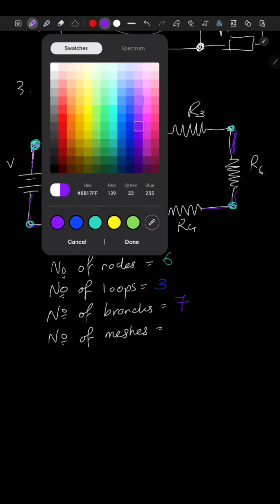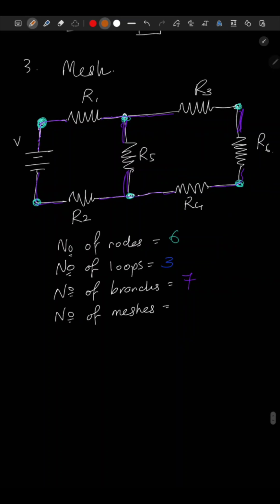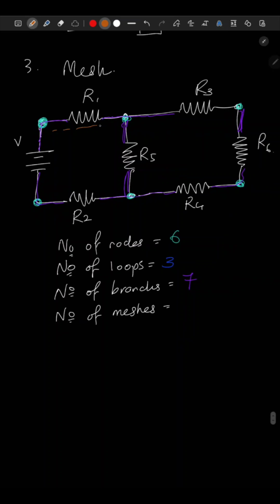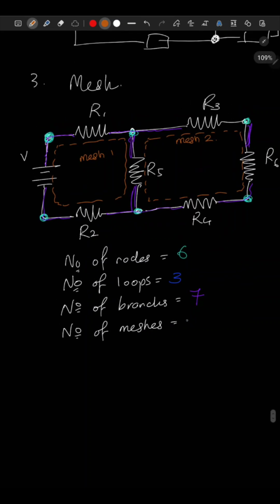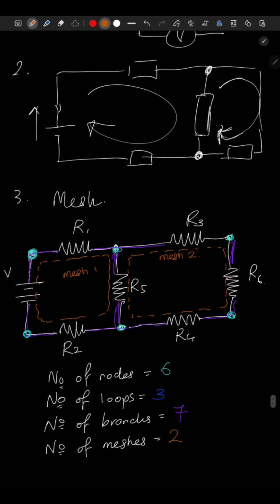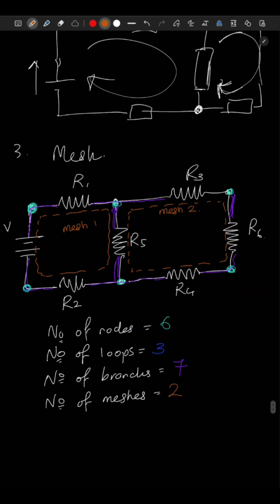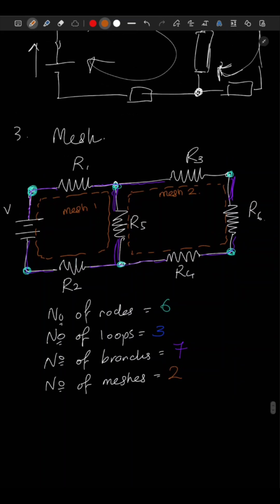And for the number of meshes, we have 1. This is a mesh. Mesh 1, and we have 2. This is mesh 2. So we have 2 meshes. Now you know what are nodes, loops, branches, and meshes.